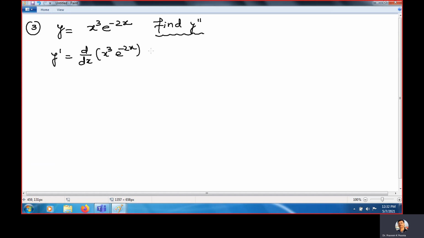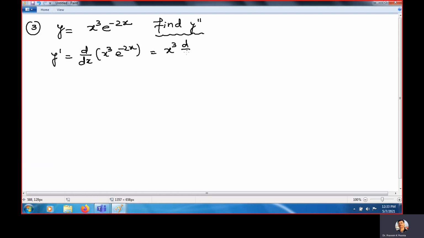So my dear friends, you need to use the product rule. This is one function and this is another function. It is a product of two functions, first function and second function. So what you need to do? Use the product rule.